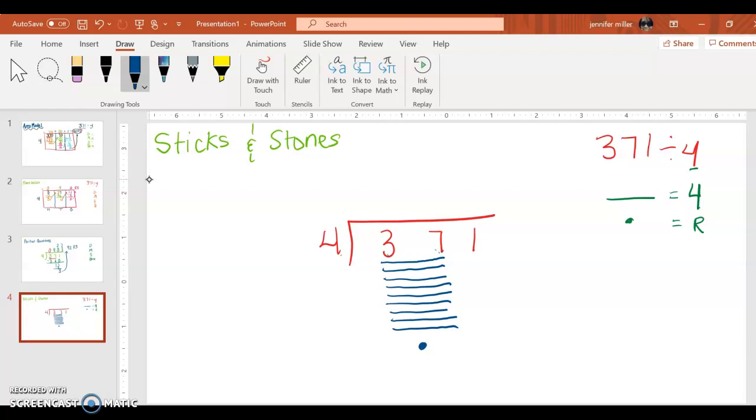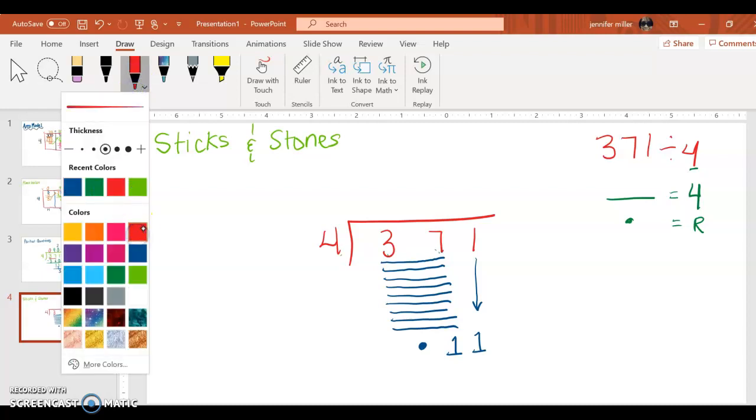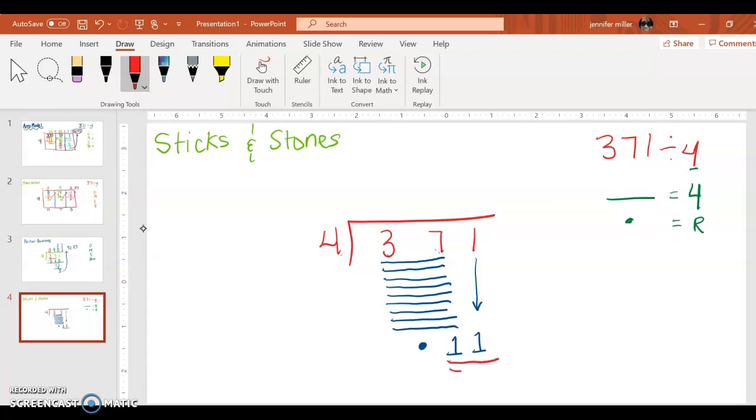So right now I'm just calling it a stone. And since I have one stone, I'm going to put the 1 here as one stone, and then I've got this one here to add to it. So now I've got 11 ones, and I do the same thing. I ask myself, can 4 go into 11? And I know it goes in there twice. So there's 4, and there's 8, and then 9, 10, 11.